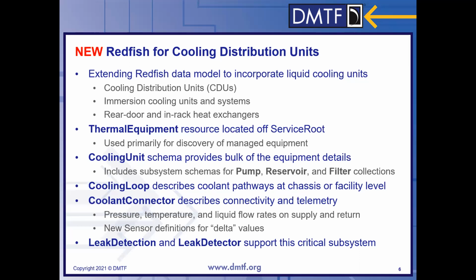So we modeled the coolant connector as really the point of both the physical connections, to give you the links and the pathways to follow, but also to give the telemetry, since the measurement points are effectively at those connectors.